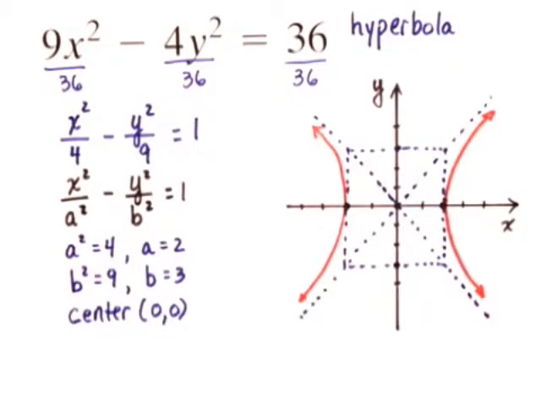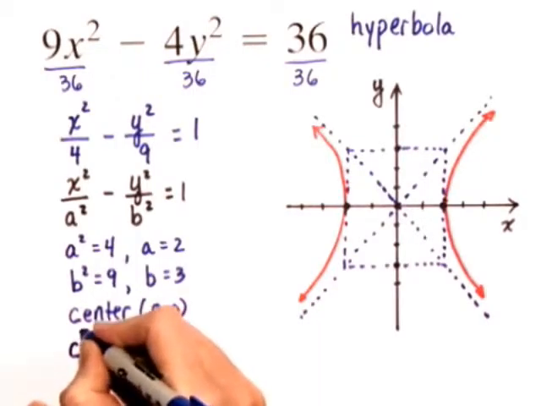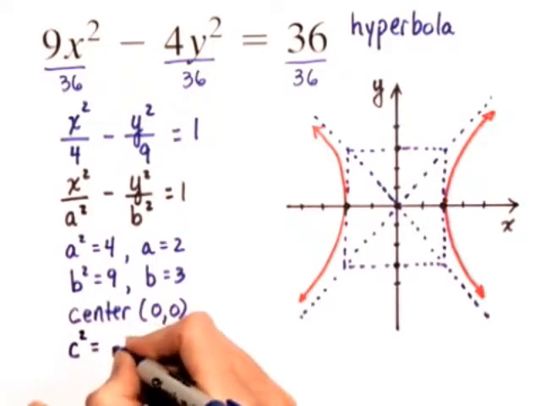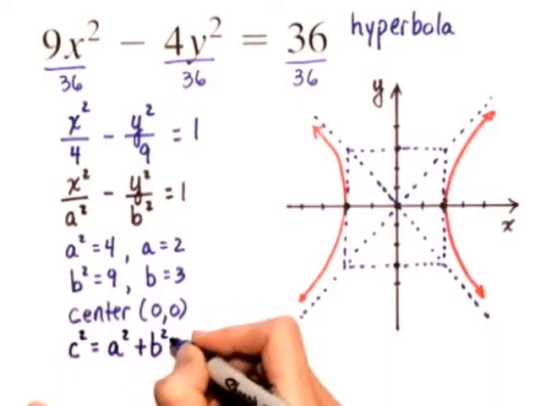Although we don't need the foci to graph the equation, we can still come up with the points where the foci are located. So in a hyperbola, we know that we have the relationship that c squared is equal to a squared plus b squared.